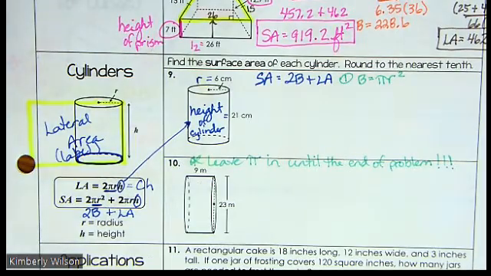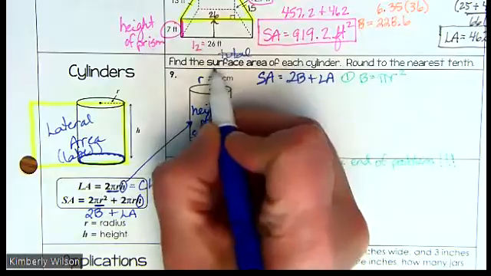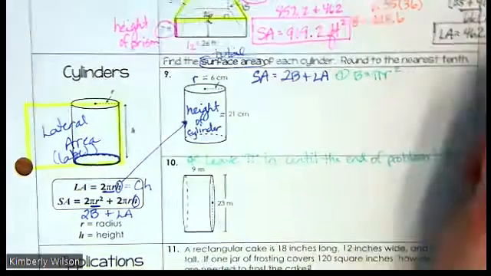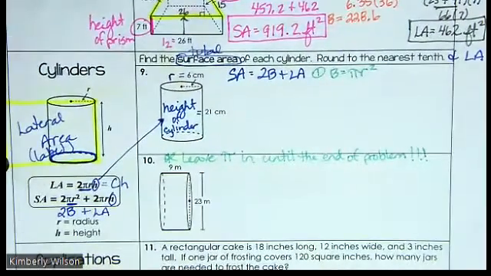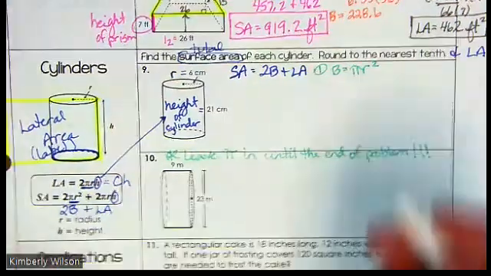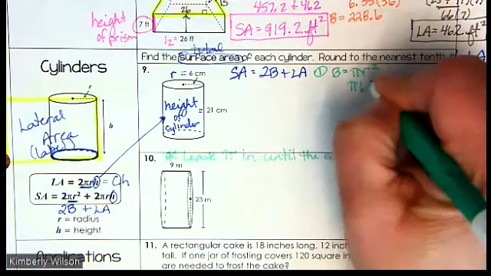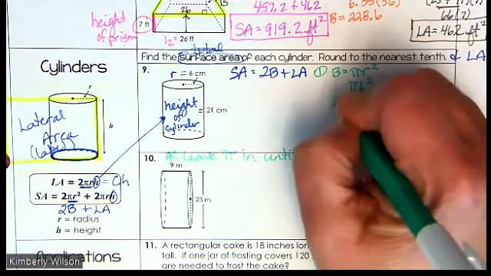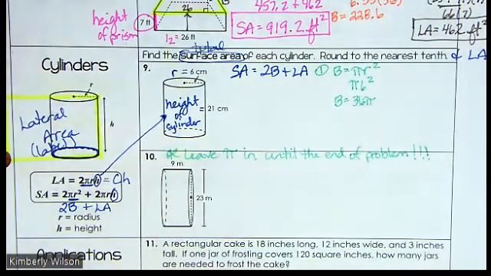All right, here we go. And again, we're finding total and lateral area, which we find in our work. So we have pi times 6 squared, which means the capital B is going to be 36 pi. And I'll leave it there. I don't go any further.